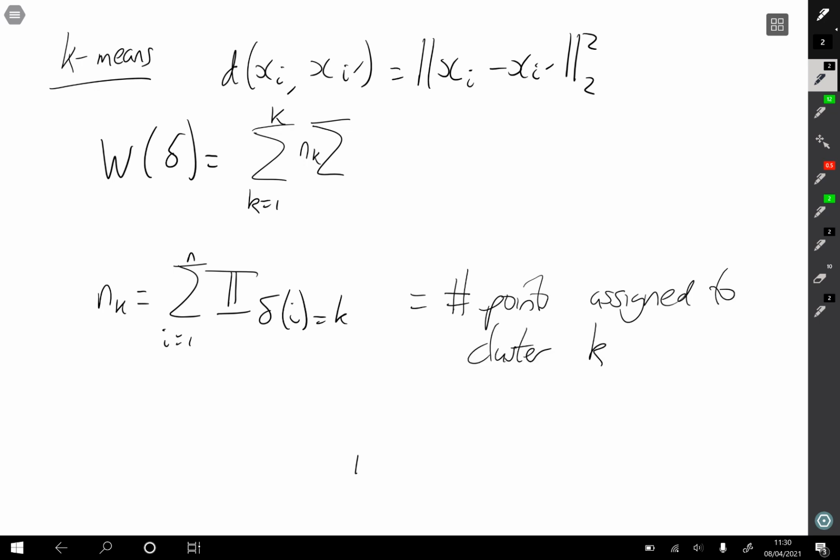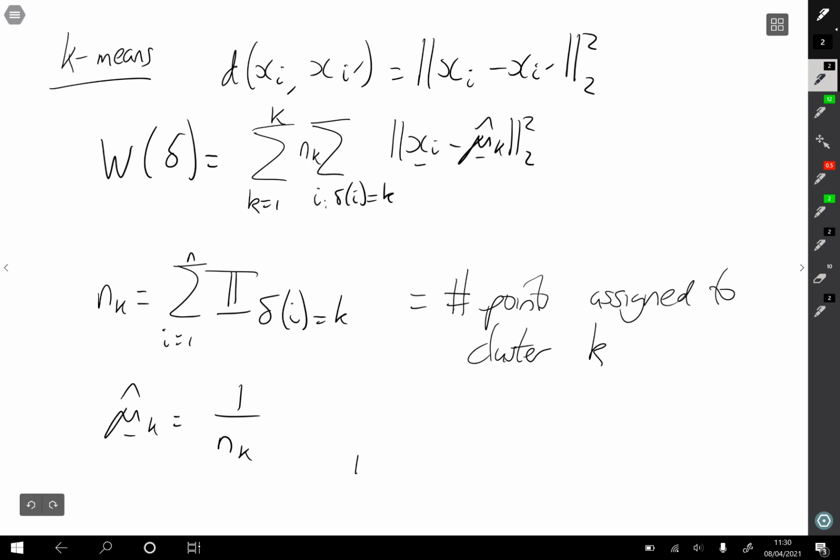Then we get the sum over i such that delta i equals k of the squared norm of xi minus mu hat k, where mu hat k is just the mean of all the points in that cluster, so it's 1 over nk times the sum of the xi's, summing over i such that point i is in cluster k.